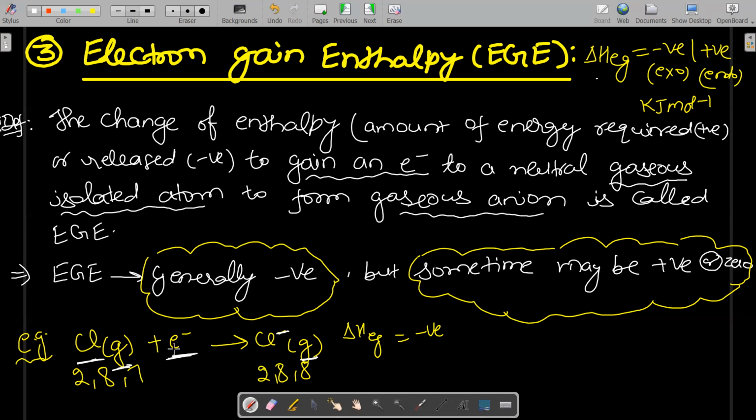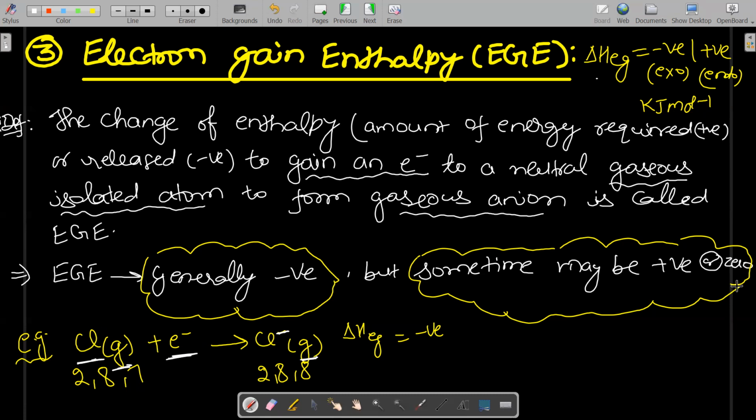So it needs one electron to get the stable configuration. So chlorine has a high tendency to gain an electron because it has 7 valence electrons. So it can easily accept one electron to get a stable configuration. And this gain enthalpy is what? Negative, energy released.